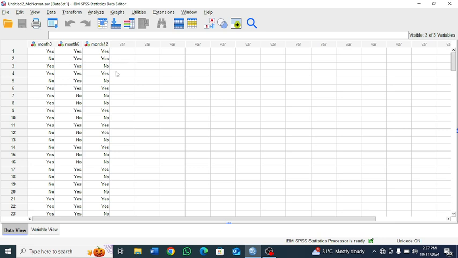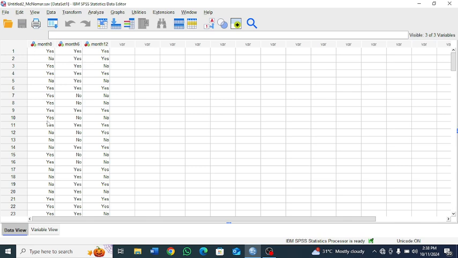So these are hypothetical data obtained from a longitudinal study. At baseline, month 0, these responses were documented. So your response to, say, cigarette smoking, whether at baseline you are smoking, yes or no, then there's an intervention.